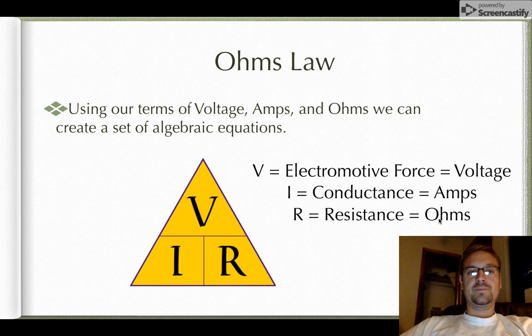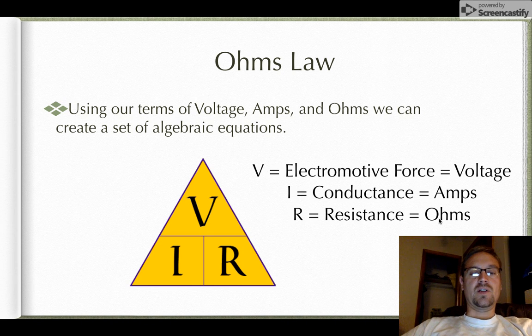Ohm's law. Using the terms of voltage, amperage, and ohms, we can create a set of algebraic equations. We have V, which is the electromotive force or potential, which is called voltage.